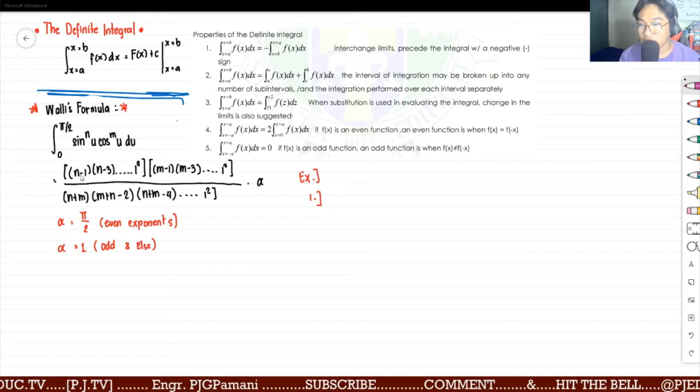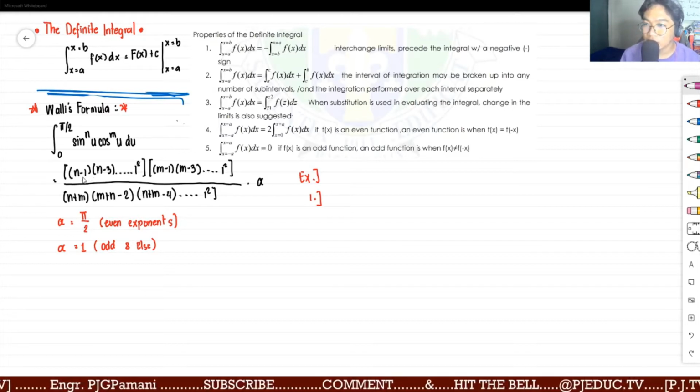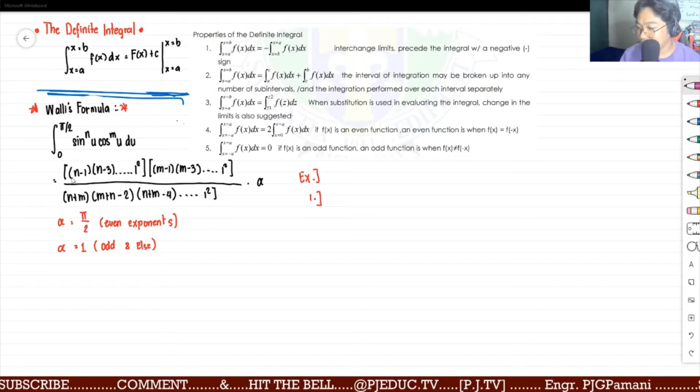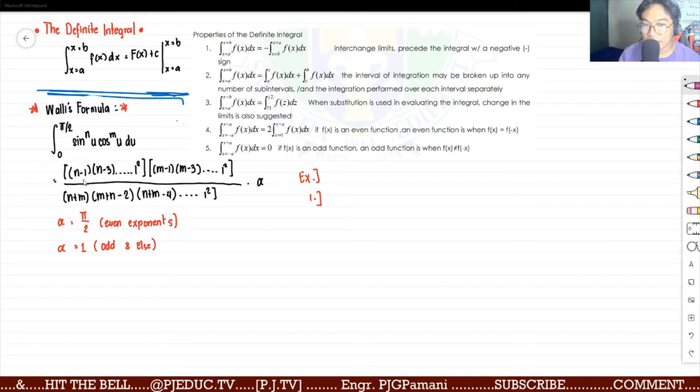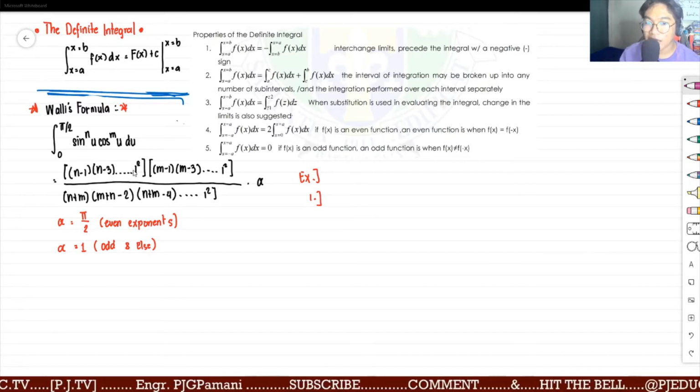Laging odd yung isusubtract natin sa denominator kaysa sa numerator. So with that said, sa taas, that is n minus 1 times n minus 3 hanggang ang difference is 1.